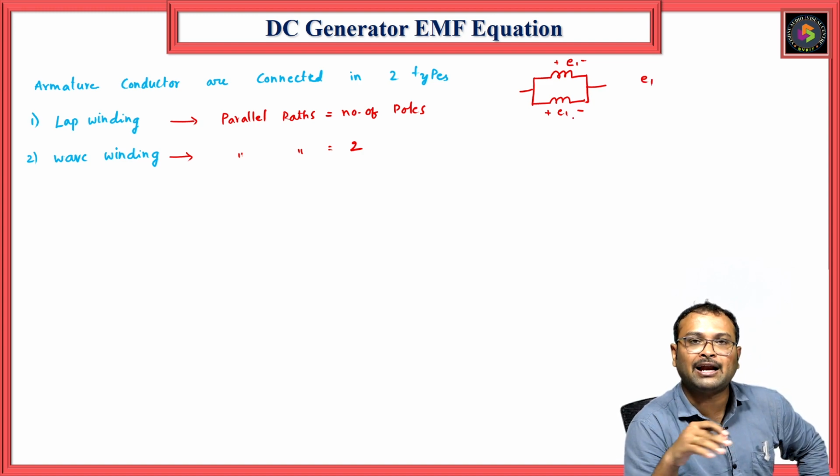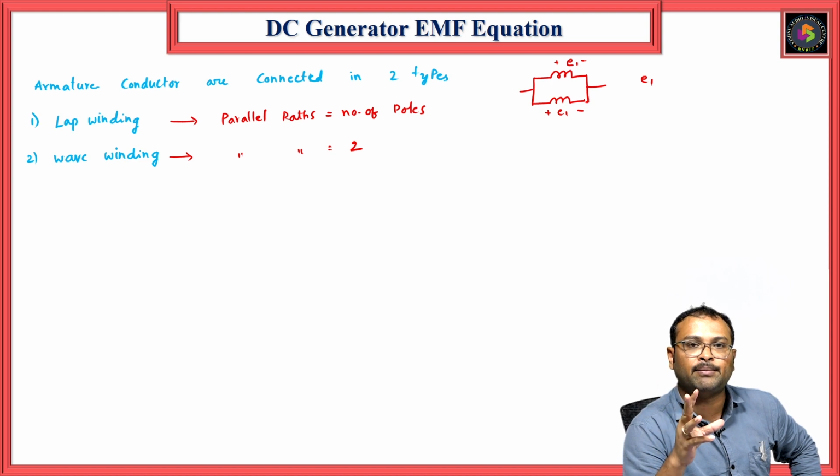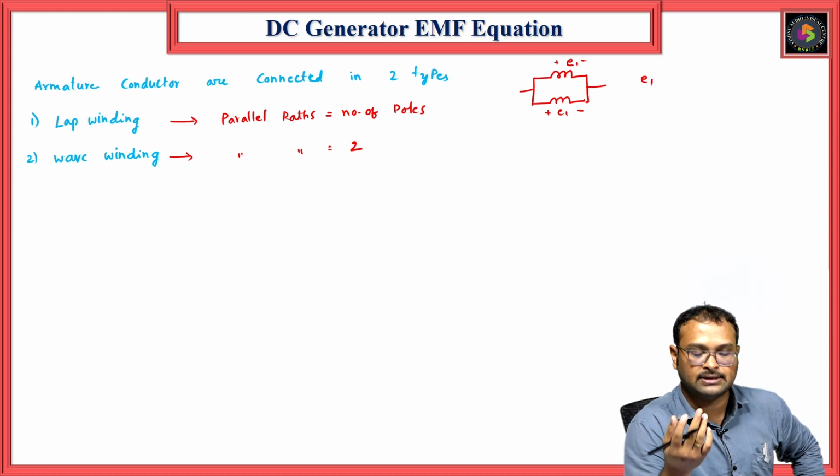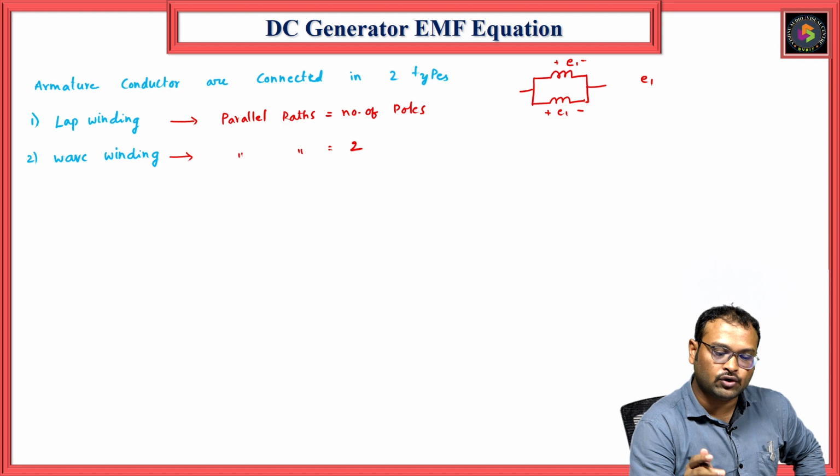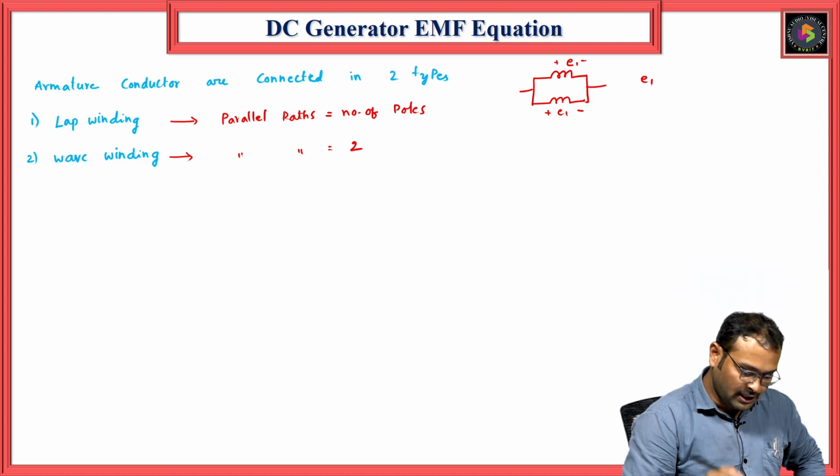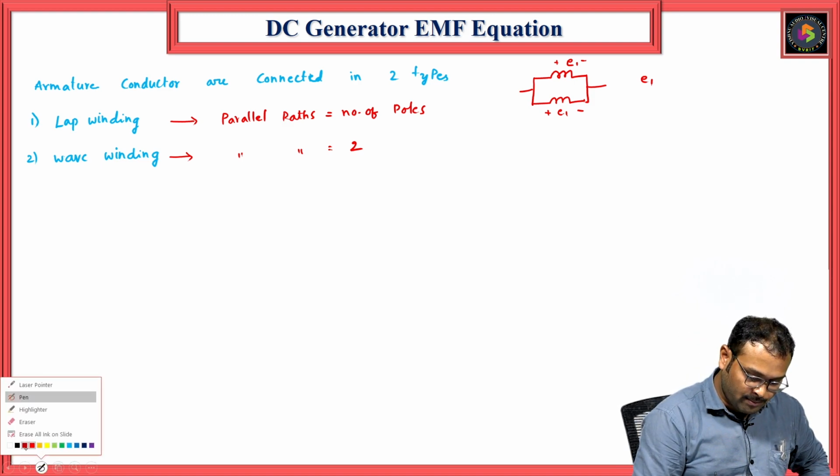So that's why, if parallel paths are there, we should not consider the induced EMF to add, because it is the same. If the total number of conductors is Z, then in lap winding and wave winding, the number of conductors will divide.